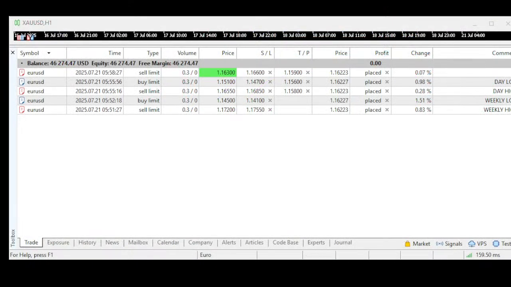Okay, so this is going to be pound weekly buy, okay, our weekly target at 132.20.